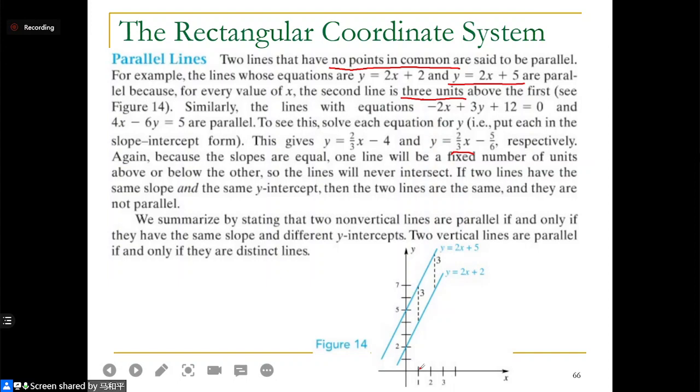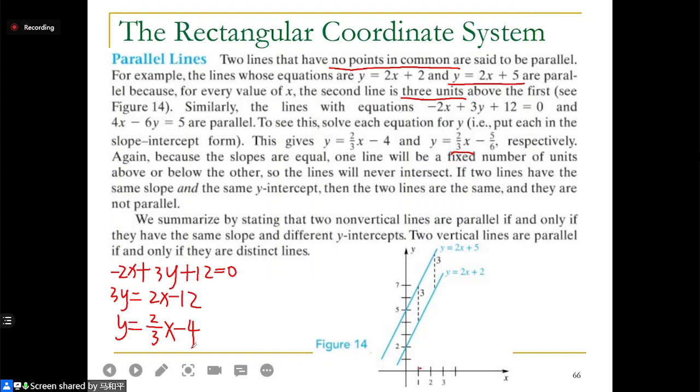For this one, minus 2x plus 3y plus 12 is 0, we solve for y. We know 3y is equal to 2x minus 12, right? Y is equal to 2 over 3 x minus 4, right?